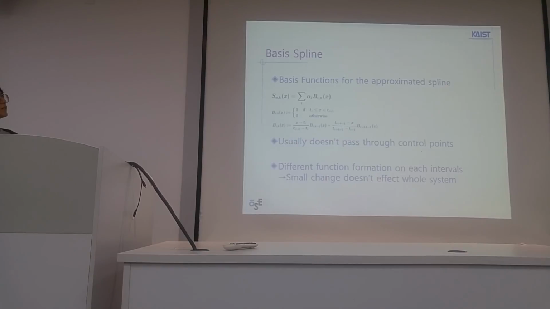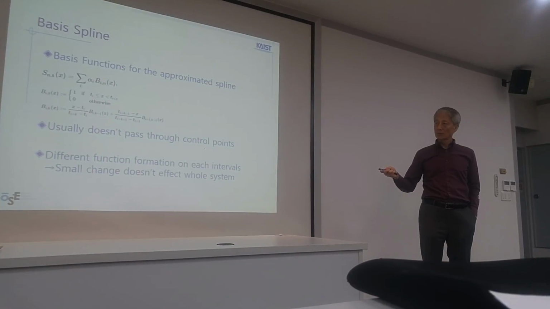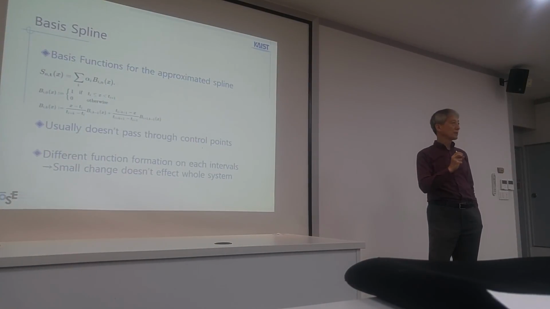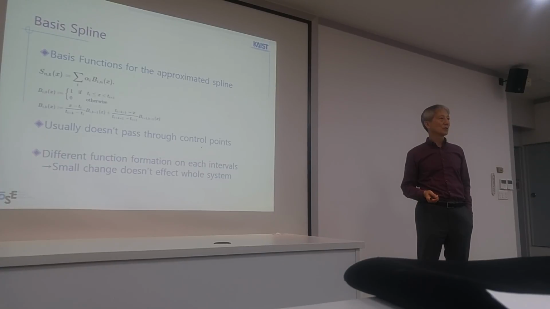So, I just want to explain this one. This is the equation of the curve. But you can see that this is a summation of some parameter multiplied by B. B is what we call the control point.